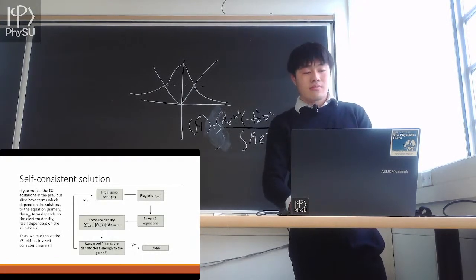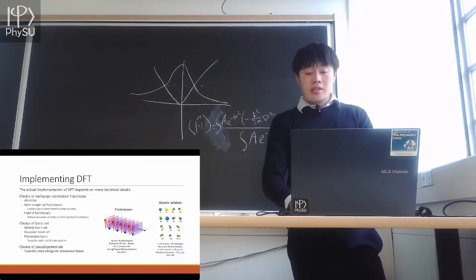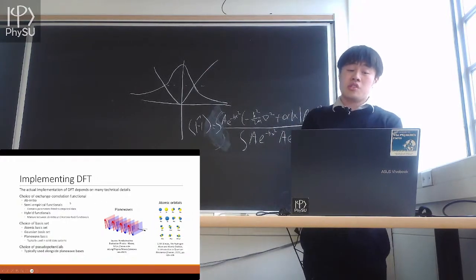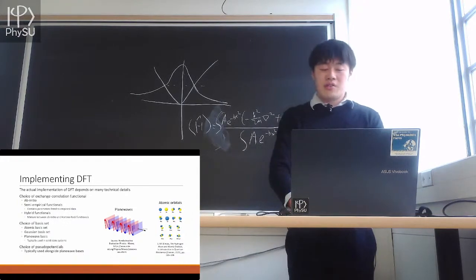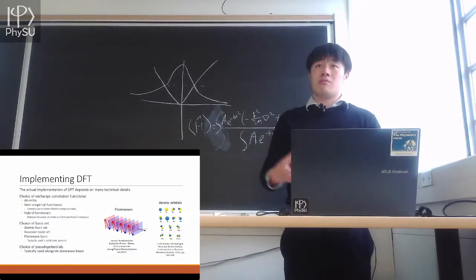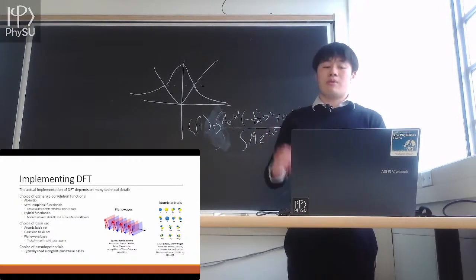In addition to that, the actual implementation of DFT depends on a lot of technical details. First of all, there's the choice of the exchange correlation functional that I mentioned. No one knows what it looks like, so people come up with different approximations to what they think will reasonably reproduce experimental results.